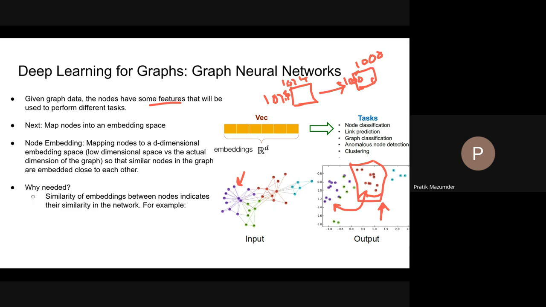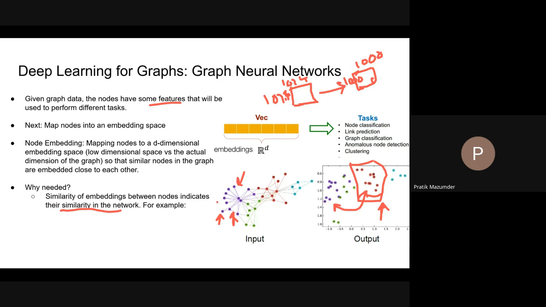In this particular setup where you're considering a graph, you again need some sort of similarity in the embedding space, because that will indirectly indicate their similarity in the graph itself. If you can find this similarity in their graphs, you'll also be able to perform better in downstream tasks, like node classification.